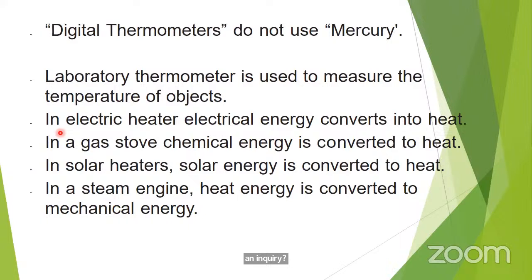I said in the beginning of this class itself, energy is neither created nor destroyed. So electrical energy is converted into heat energy. Heat energy can be converted into electric energy by some process. In an electric heater, electrical energy converts into heat.